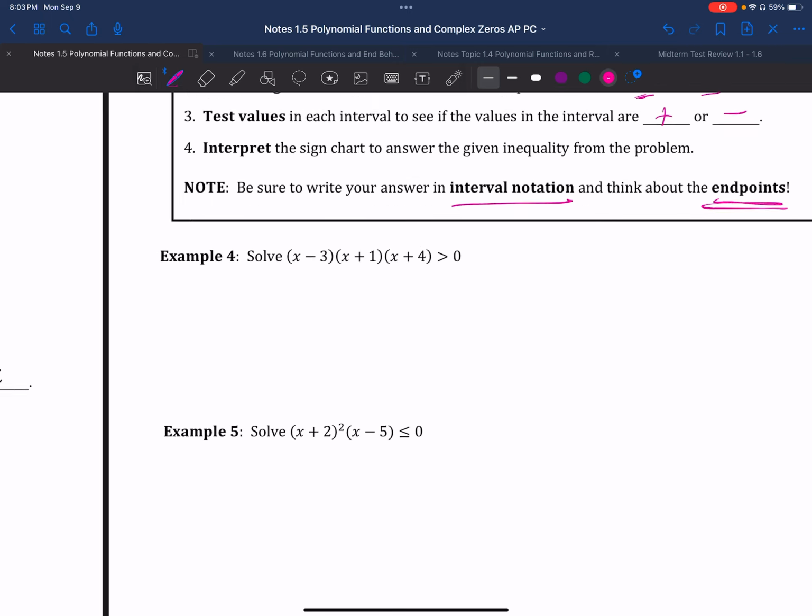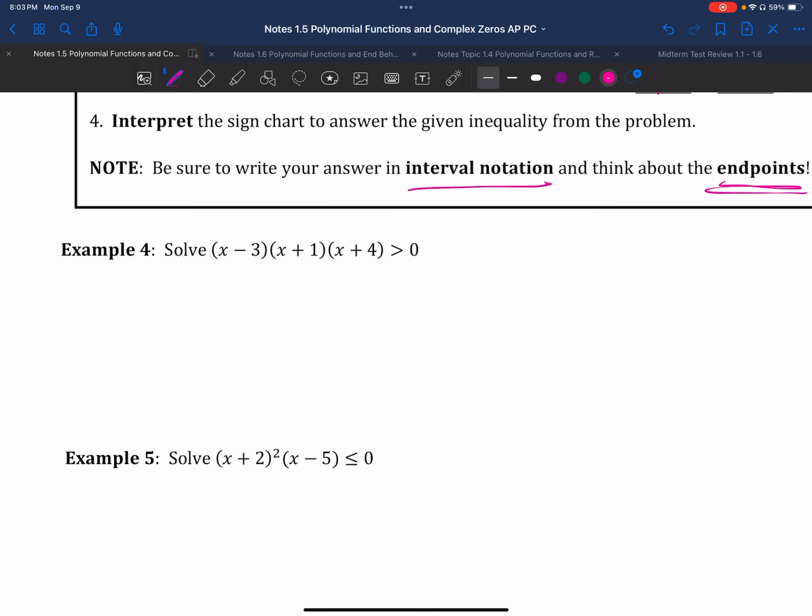Okay, so let's look at example number 4. I don't have to move anything because everything is on the same side. And I don't have to factor because it's been factored out. So now I can start solving for my zeros. So x equals 3, x equals -1, and x equals -4. So again, I have 3 unique zeros.